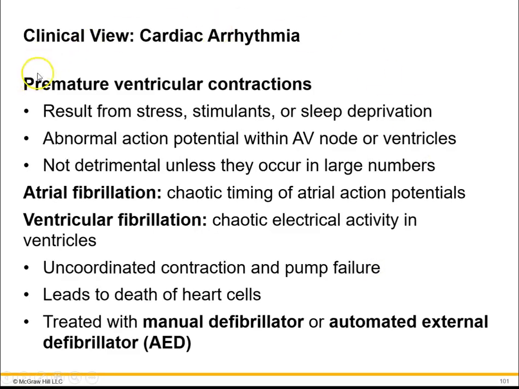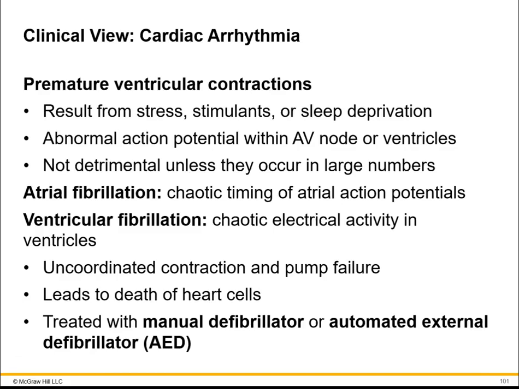Okay, and then there are premature ventricular contractions. What happens here is the ventricles contract prematurely before they should. These result from stress, stimulants, or sleep deprivation. What happens is there's an abnormal action potential that occurs either within the AV node or the ventricles themselves that sets the ventricles to contract earlier than they should.